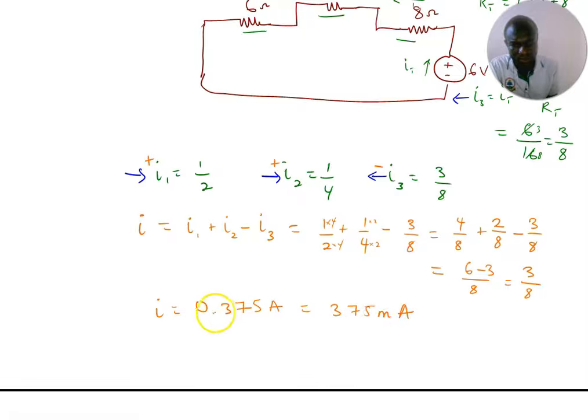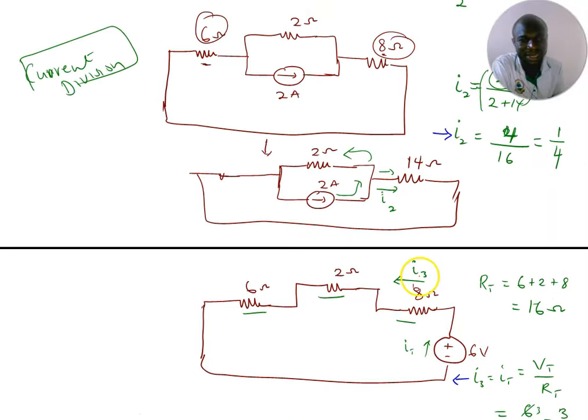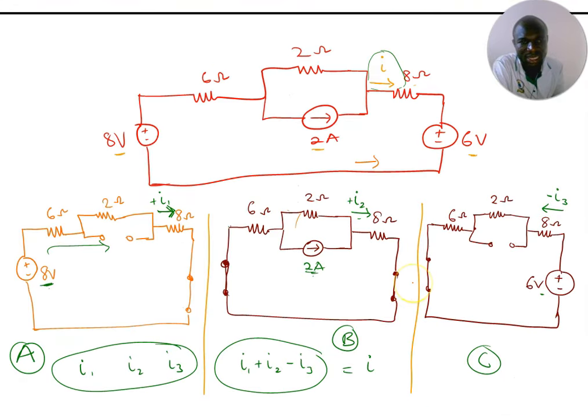That is, if I should move 3 times, it's going to be 3 times 10 to the power of minus 3 amps, and this minus 3 gives the milli. So at the end, we can say that the current that is passing through the 8 ohm resistor is 375 milliamp.